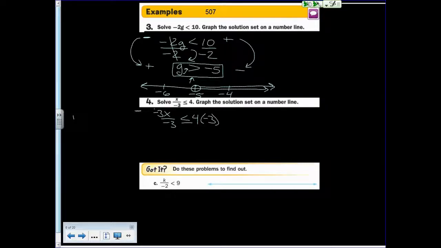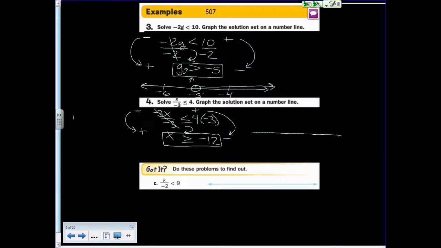Negative 3 divided by negative 3 is a positive 1x. So negative becomes positive. Over here, our 4 was positive, and when we multiply it by negative 3, we get negative 12. So positive becomes negative. That means our inequality sign is going to have to flip so that it is now x is greater than or equal to negative 12.